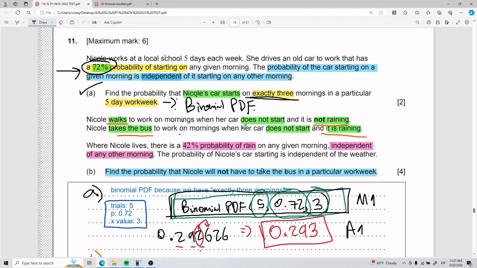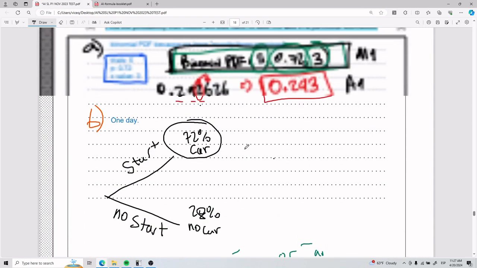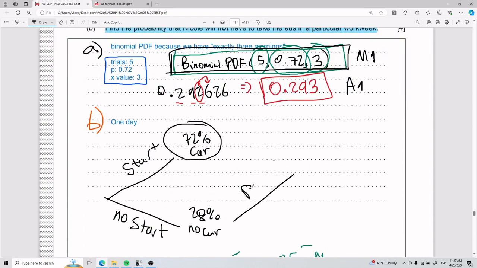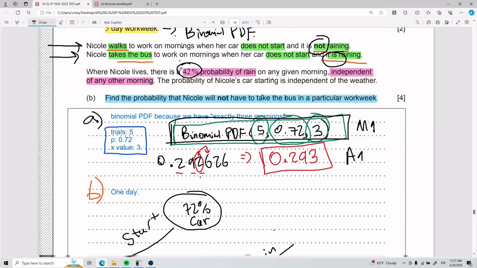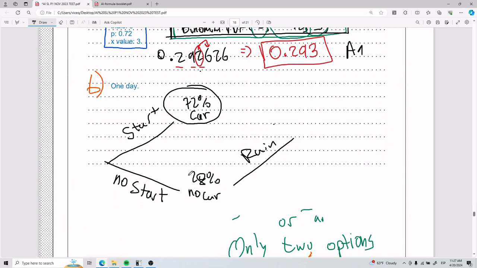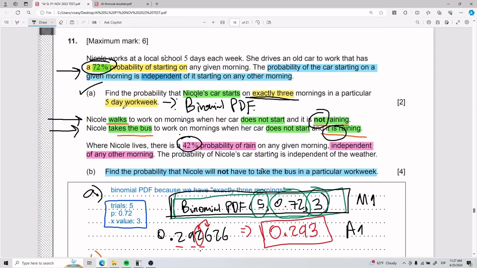if it doesn't start, there's a difference between walking if it doesn't rain and bus if it does rain. Okay? So from here, I'm going to put rain, which we know is 42% probability. So if it's no start, then it's rain, which is this here.